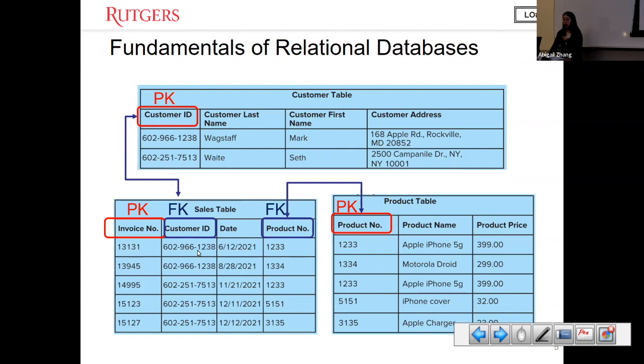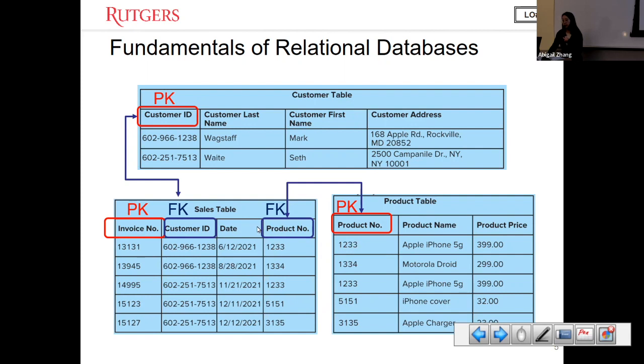So you can store much less information, because let's say you keep a sales table, and when needed, you look up this customer table to know details of this customer. And then you have a product number in this entry, so you say, okay, what is this product 1233? Let's look it up on this product table. Okay, 1233 is iPhone, and this is the price.